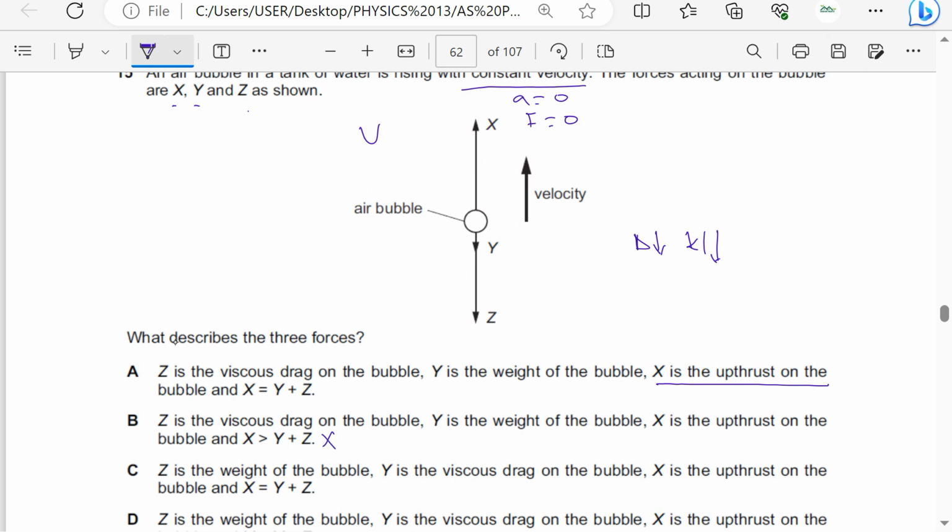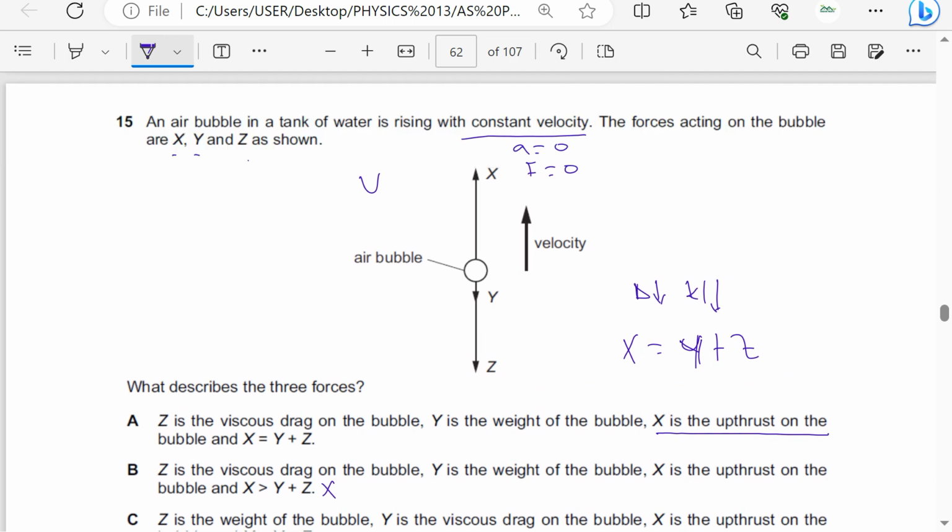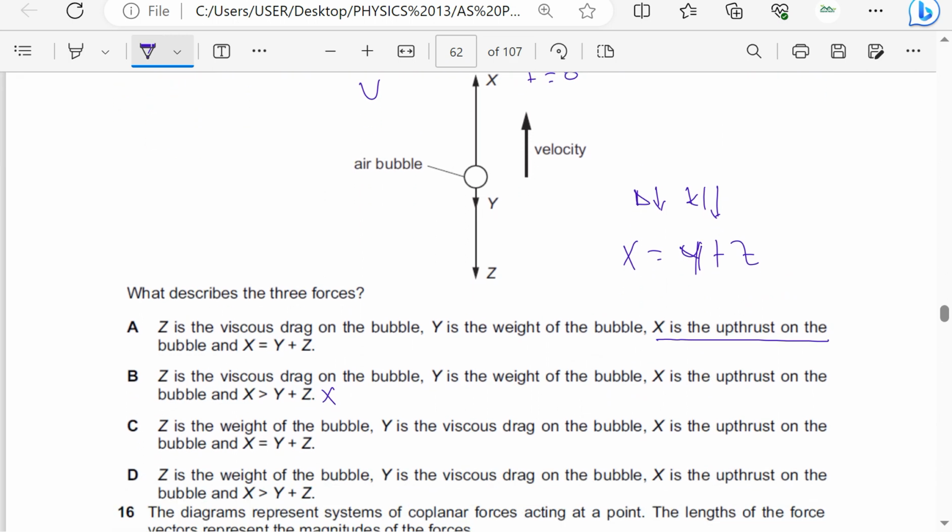So this one, greater, is going to be wrong because X should be equal to Y plus Z if the resultant force is to be 0, so that the acceleration is 0 since it is moving with a constant velocity. So greater will not work. X is not greater than Y plus Z. It should be equal to.